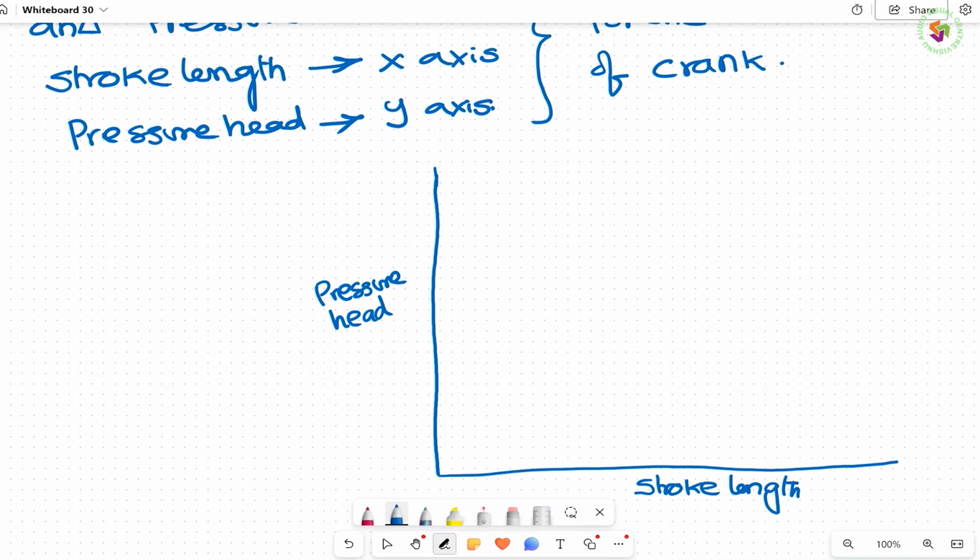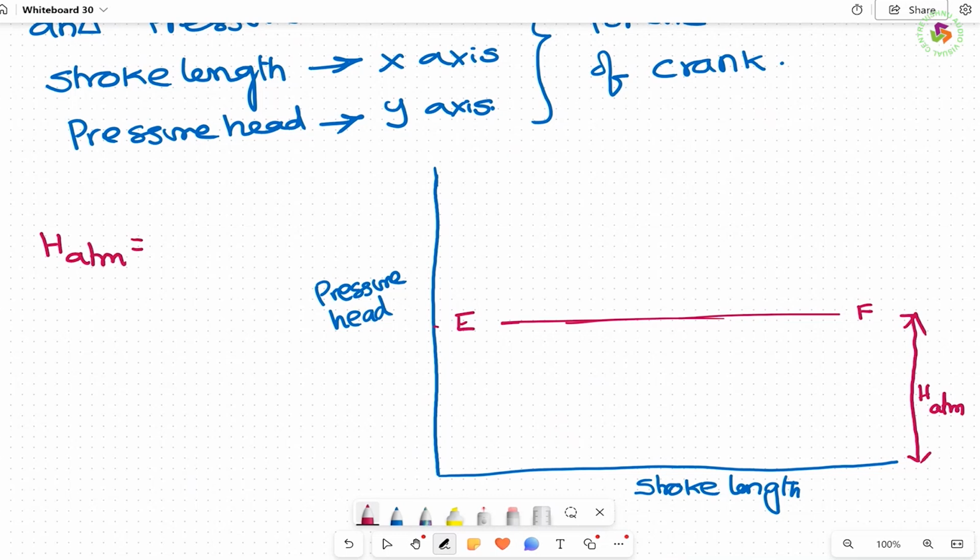So first we should draw where the atmospheric pressure is. If I call this line EF, this line represents the atmospheric pressure head, and you know atmospheric pressure head is equal to 10.3 meters of water.